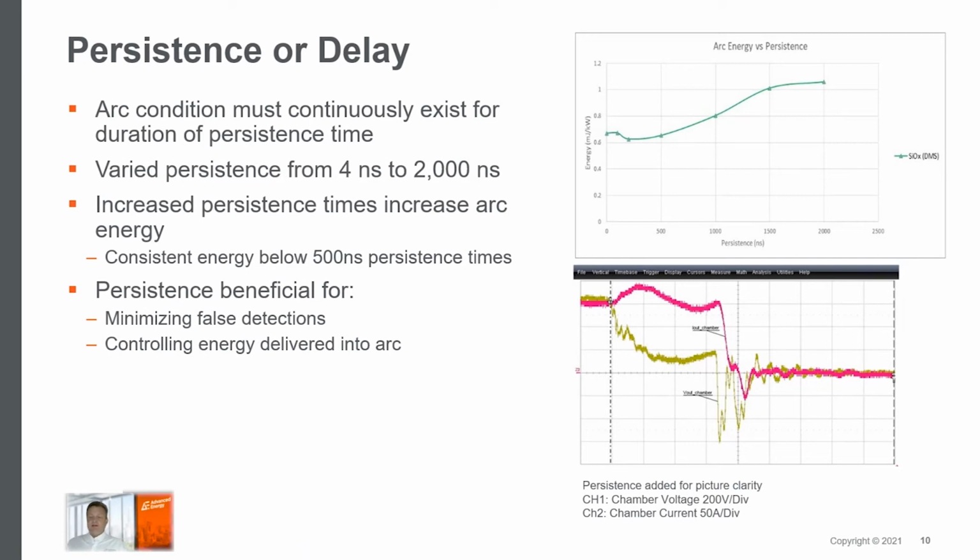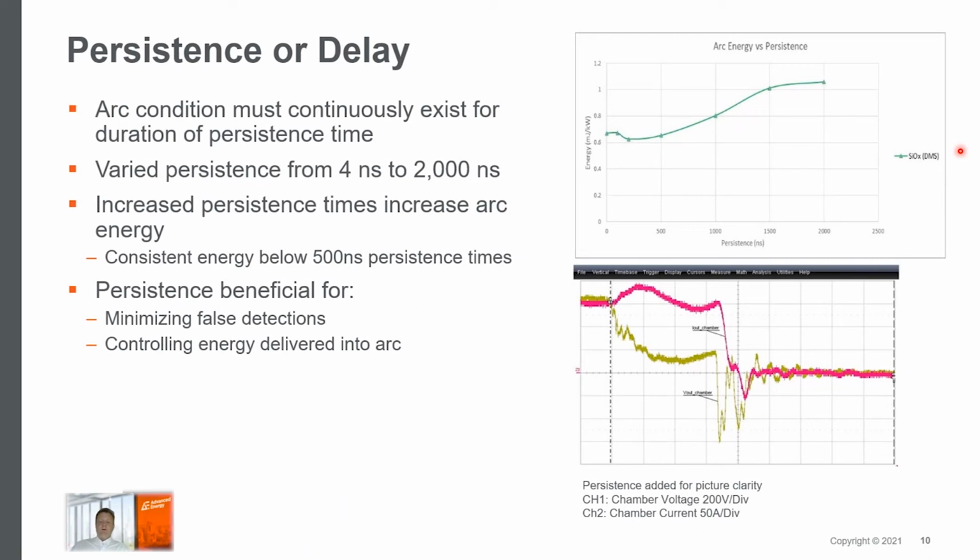It is hypothesized that the distributed nature and the distribution of the arc energies at those lower times are dominant. It's not until you get above 500 nanoseconds that the burning of the phase 2 becomes more dominant in the arc energy here.